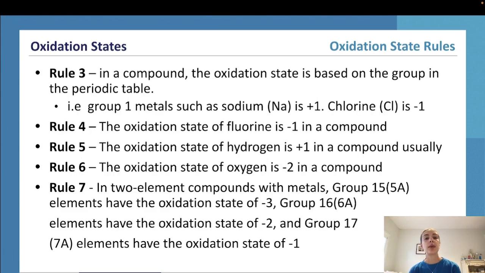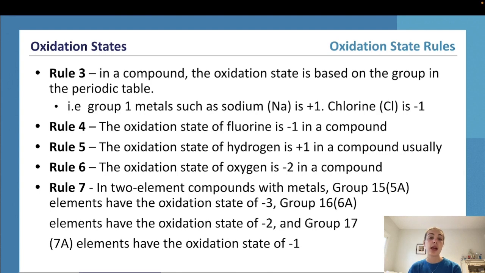So rule number 3 is that in a compound, the oxidation state will be based on the group in the periodic table. So for example, our group 1 metals, which are like sodium, are going to be 1 plus. If we're considering chlorine, that's down the other end, and that's in our group 15, and that's going to be a -1, because it's just based on those general ion rules when you're making an ionic compound.